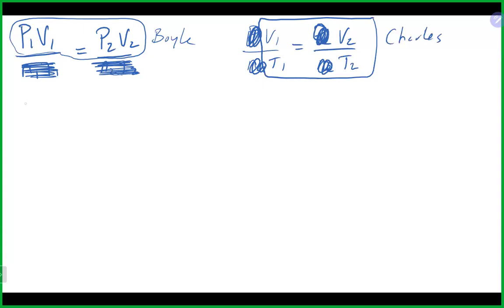If you take this combined gas law and you come across a problem where it doesn't mention anything about volume or moles, you can scratch those out, or you're told they're held constant. Just scratch them out.